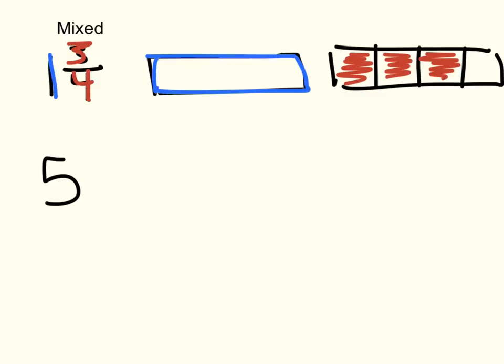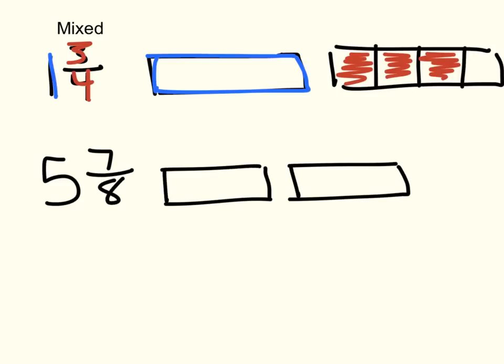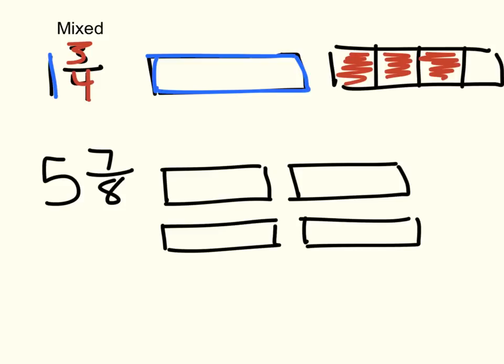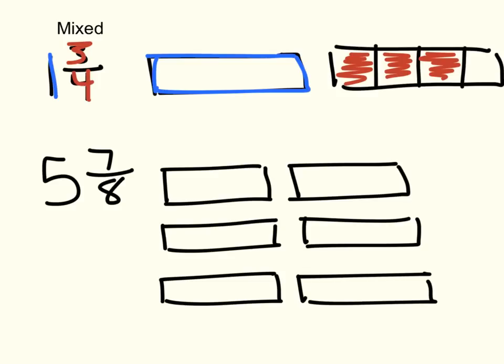I could have things up to 5 and we'll do 7/8. So I'm going to draw these out. 1, 2, 3, 4, 5. There's my 5 whole, but I still need to draw this 6th one out. And I'm going to break this into 8s because that is what my denominator tells me to do right there.